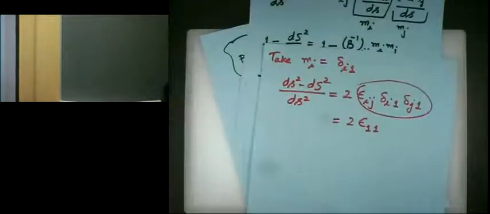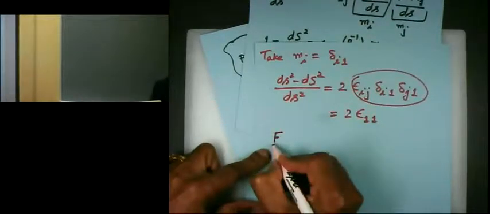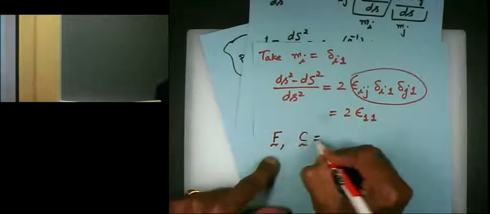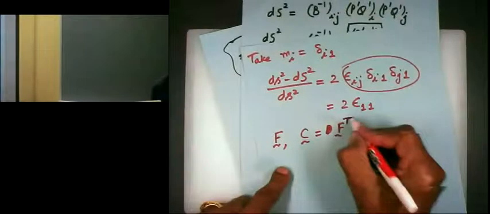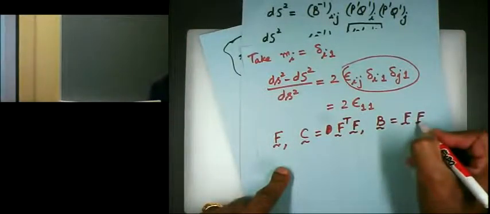So how many ways can we find the strain? We have learned F, the deformation gradient, gives us strain. C, which is F transpose F, gives us strain. B, which is F F transpose, gives us strain.